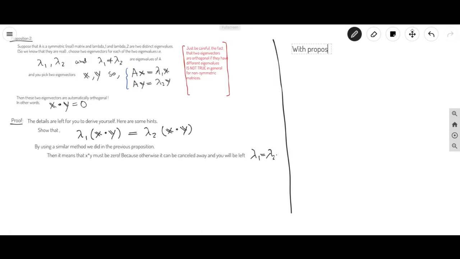So with proposition 1 and proposition 2, we can justify the spectral theorem in the special case when the eigenvalues are distinct.